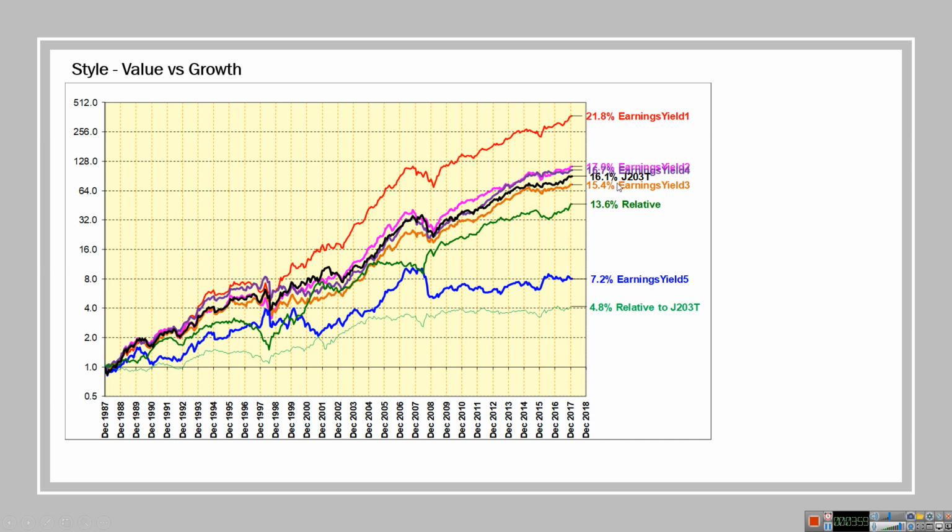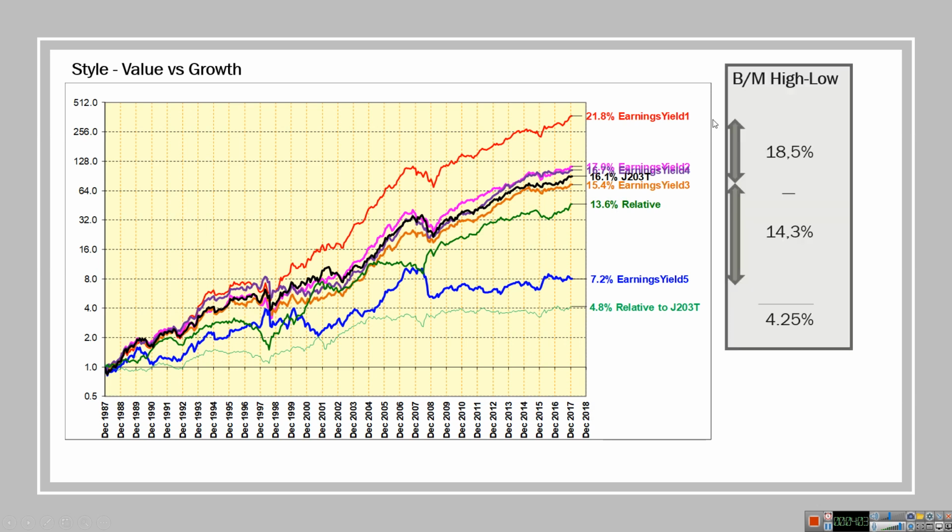Now, just to contrast this with the Fama-French methodology, they would have grouped what we've called portfolio 1 and 2 and half of portfolio 3. So they take half the data here and put it into their one portfolio, the high book to market portfolio. They're going to get a return of about 18.5, somewhere in the middle here, because it's all of those shares.